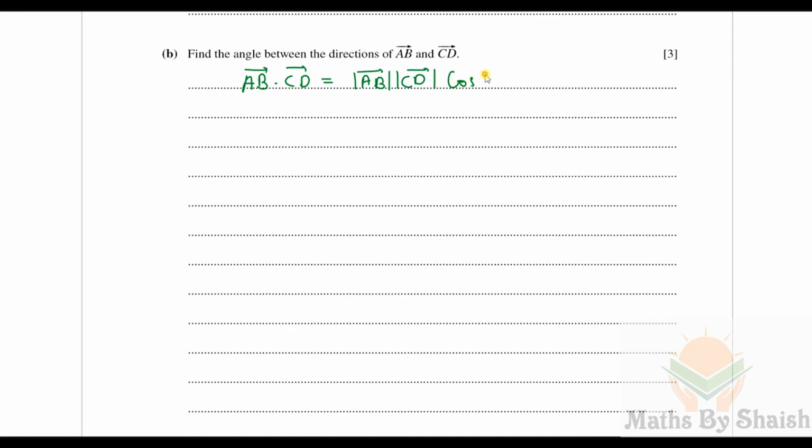So from the first part, AB dot CD: I'll write the AB vector. From the previous part it was (2, -2, -4), and the CD vector was (2, 1, 1). Now the dot product means multiplying these two: 2 times 2 is 4, plus (-2) times 1 is minus 2, and (-4) times 1 is minus 4.